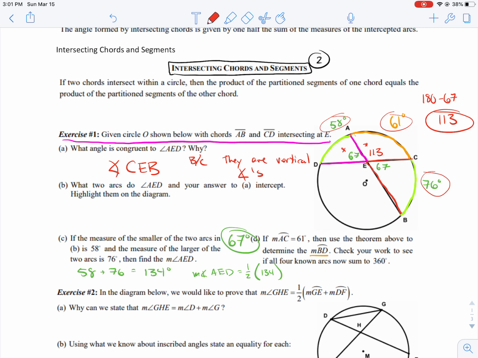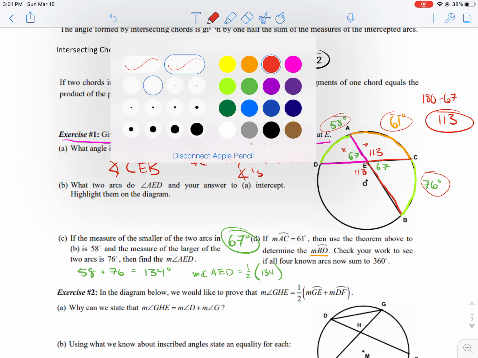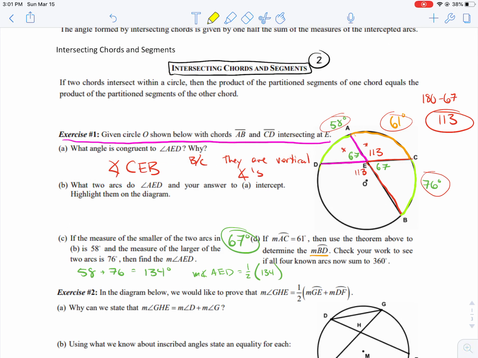So if that is 113, this one right here is also 113 degrees. And we're still trying to find the measure of this arc right there.